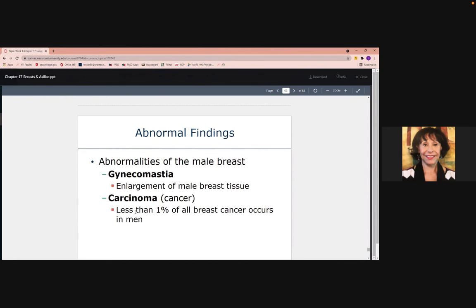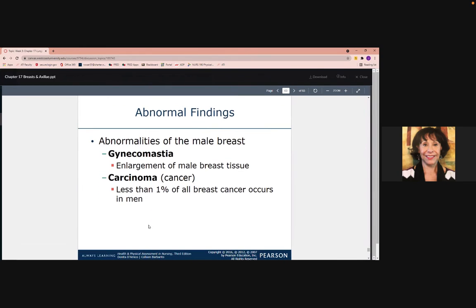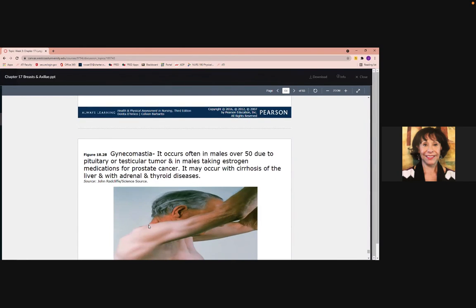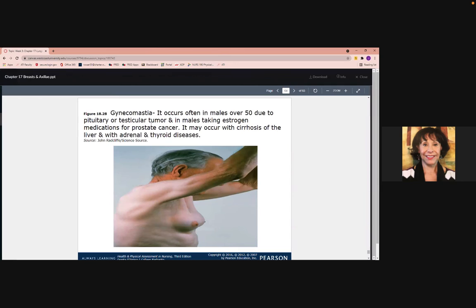Carcinoma means cancer, and it occurs in men in less than 1% of all breast cancers. So it's very rare, but they do have the potential if they are older and have very close family history. So study this.